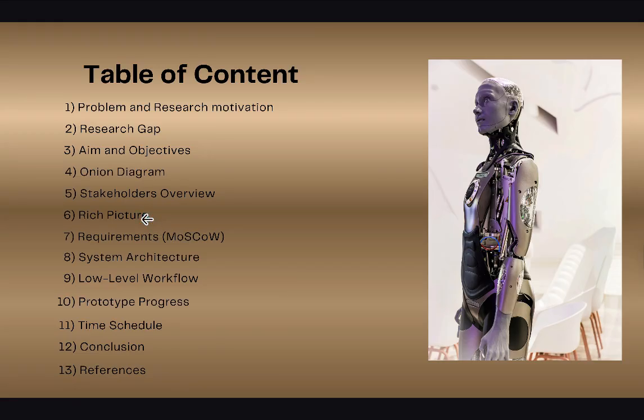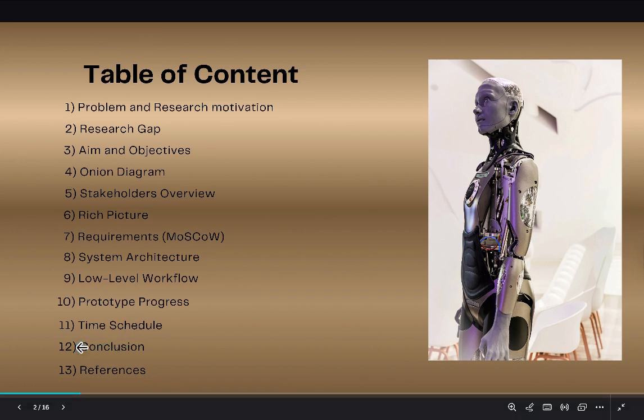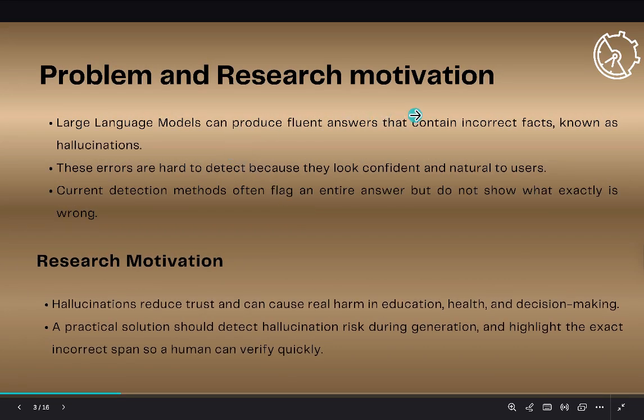Then I will cover the requirements, system architecture, and the low-level workflow. After that, I will show my prototype progress and time schedule, and finally I will go through the conclusion and the reference part.